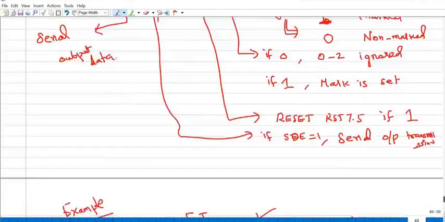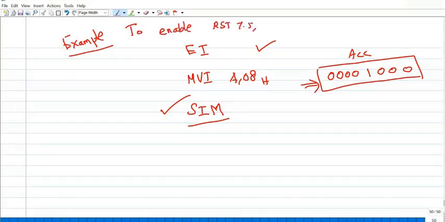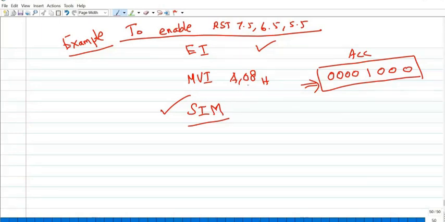Okay. So to enable RST 7.5, RST 6.5, RST 5.5, you have to execute these three instructions. First of all, enable all the interrupts. Then move immediate A, 08, meaning this 8-bit binary information is loaded in the accumulator.